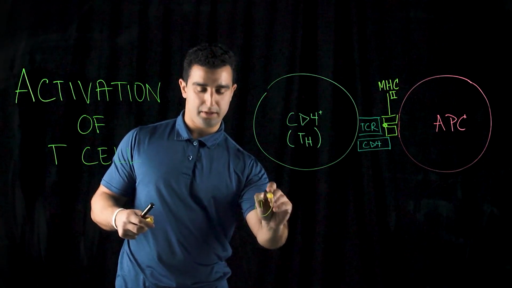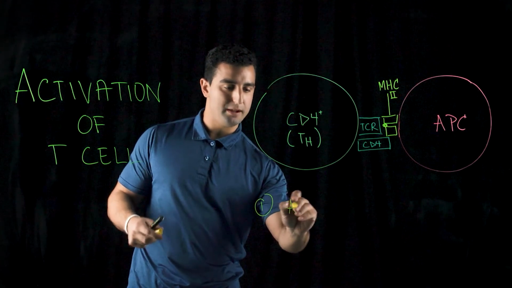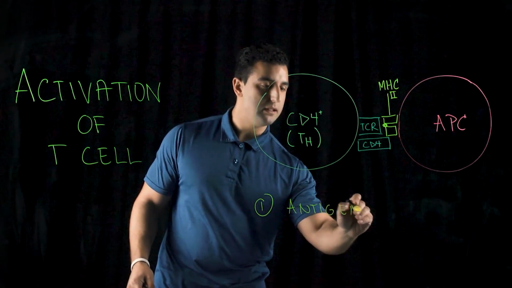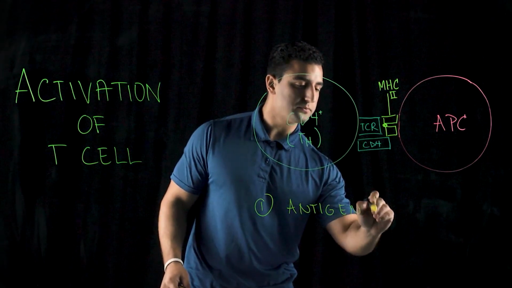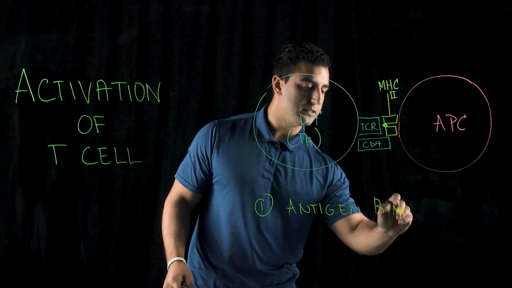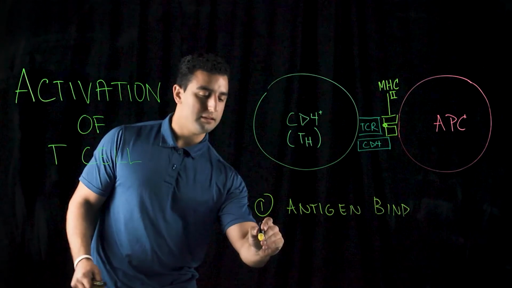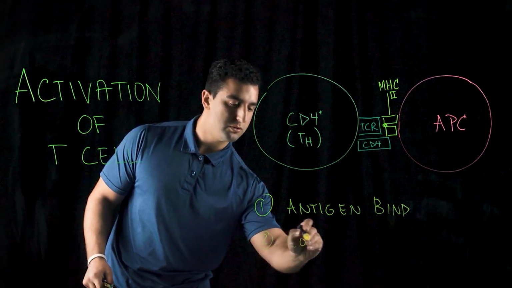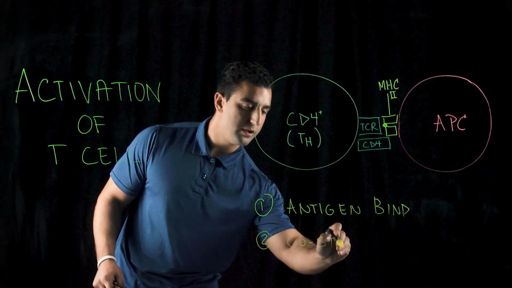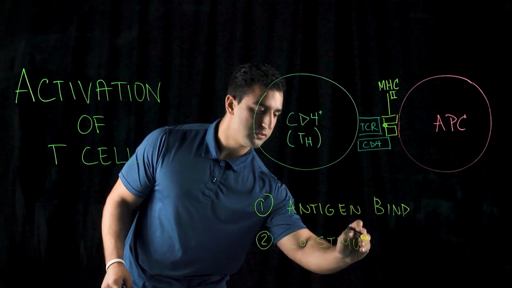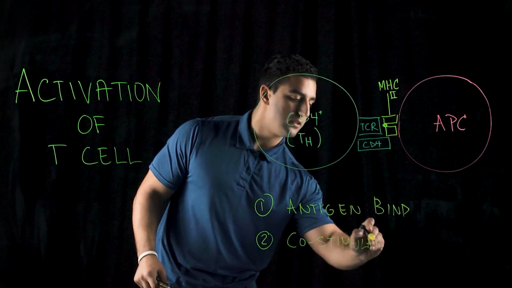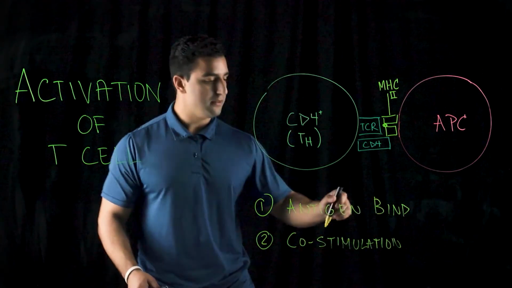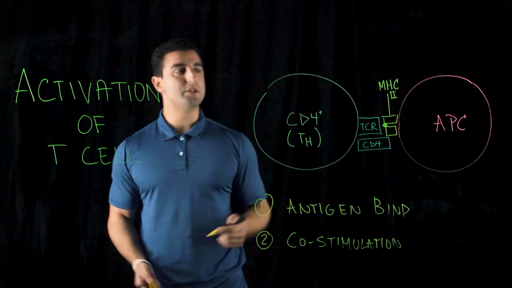Number one, it is antigen binding. So the antigen must combine to these receptors and generate a response. And the second is a co-stimulation that takes place, where certain molecular receptors become active and they send signals for the cell to generate a response, right?